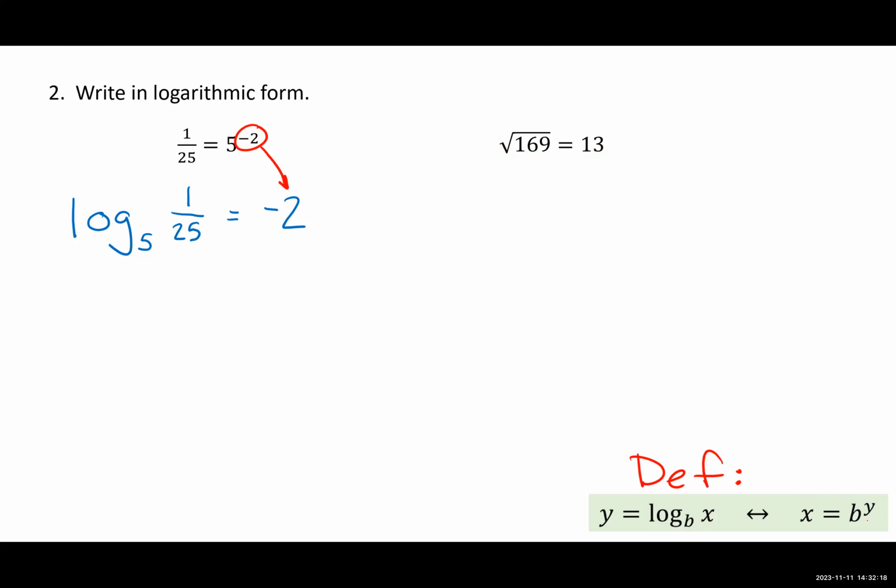So for the second problem on the right, the square root of 169 is equal to 13. Sure, the square root of 169 is 13. But to rewrite that using logarithms, it's easier to see when you rewrite your square root as an exponent.